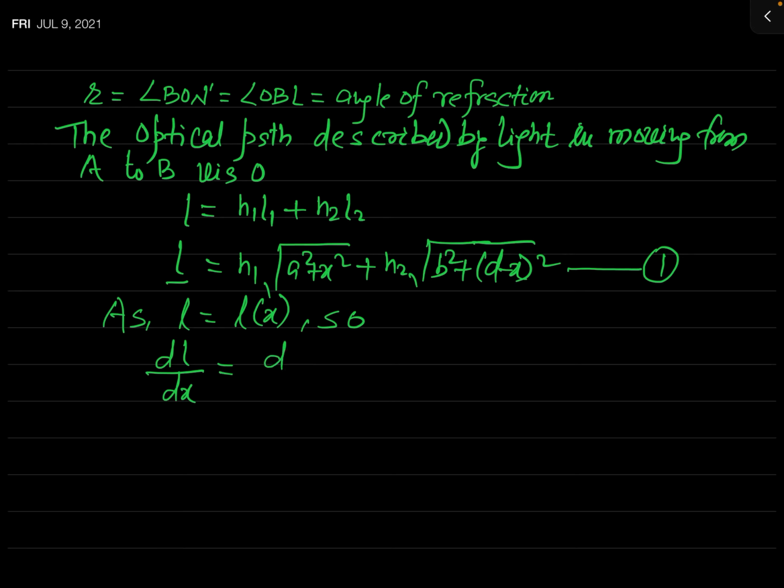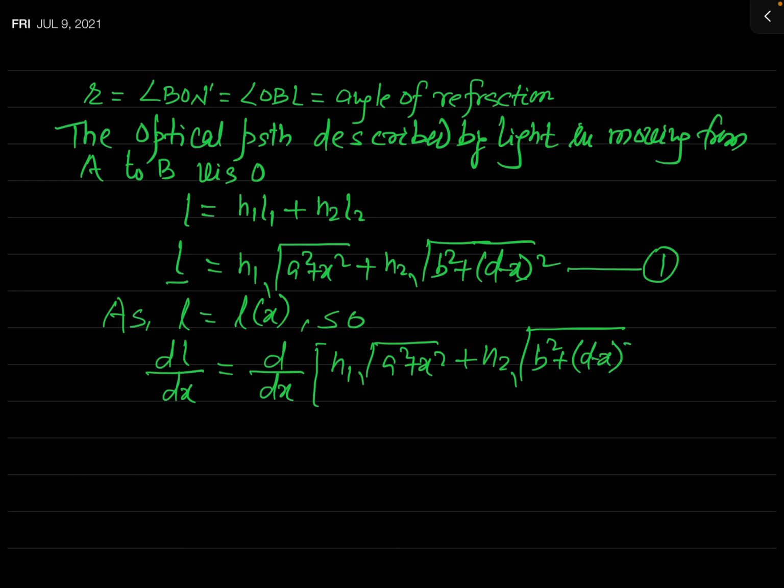This will be simply d/dx of n1 root over a square plus x square, plus n2 root over b square plus (d minus x) whole square.